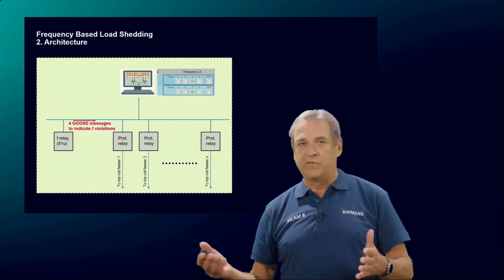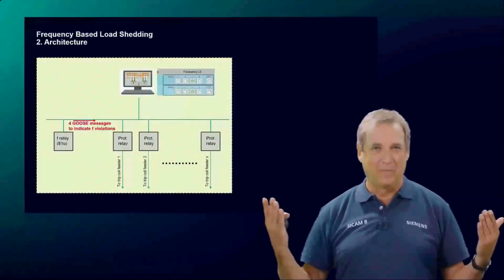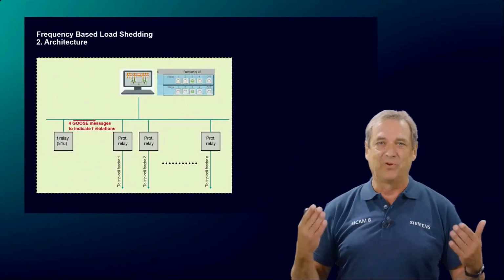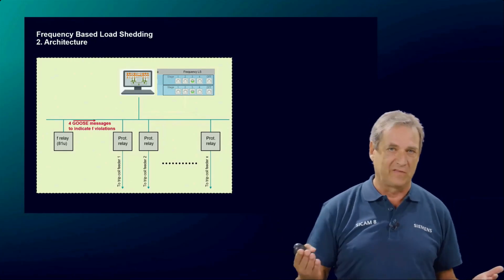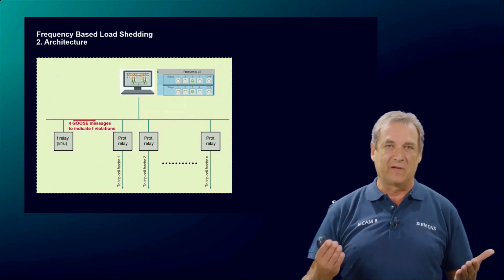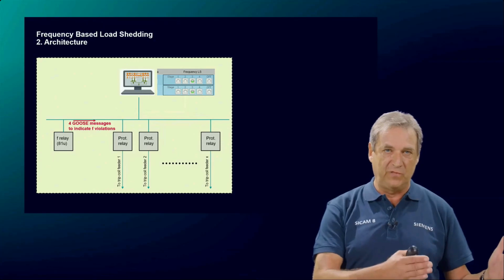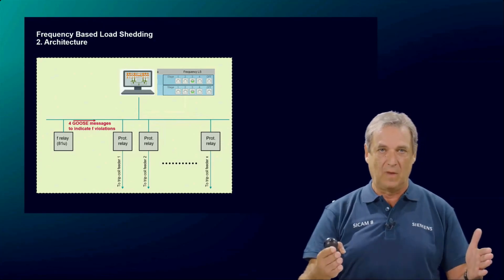Good. Let's focus now on the basic architecture of a frequency-based system. The IEC 61850 communication protocol offers the exchange of fast information between protection devices within milliseconds. Based on this characteristic, low frequency triggers are distributed via high priority IEC 61850 GOOSE telegrams.